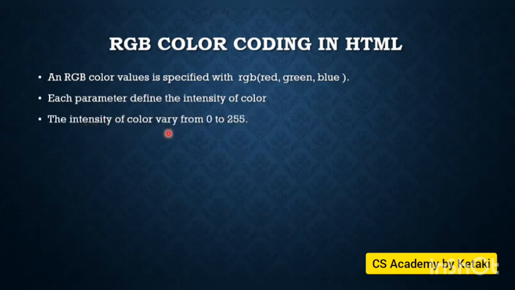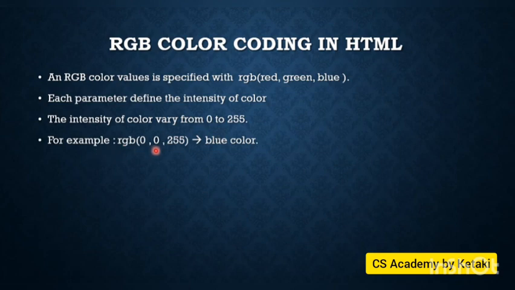The intensity of color varies from 0 to 255. Each color intensity starts from 0 and ends at 255, so you can set a value from 0 to 255.